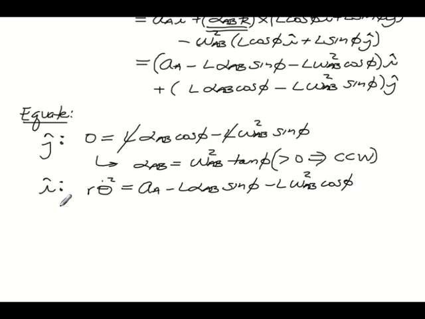So from this equation, I see that the acceleration of the saw blade A is equal to r theta dot squared plus L alpha AB sine phi plus L omega AB squared times cosine phi.